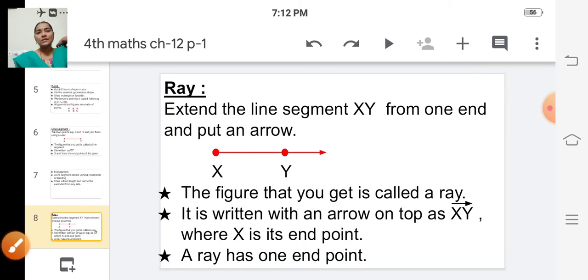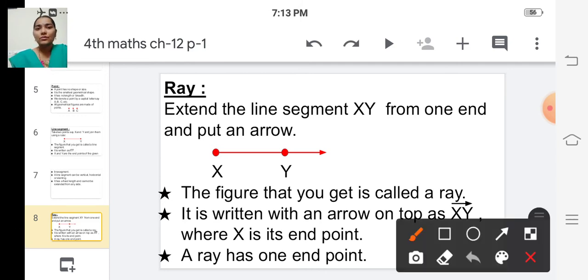The next one is ray. Extend the line segment XY from one end and put an arrow. So we have to extend the line segment from one end, and that is called a ray. We have to put an arrow.